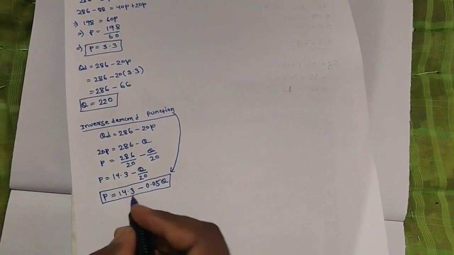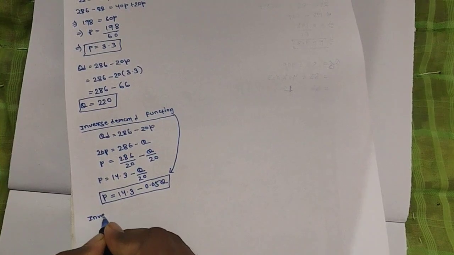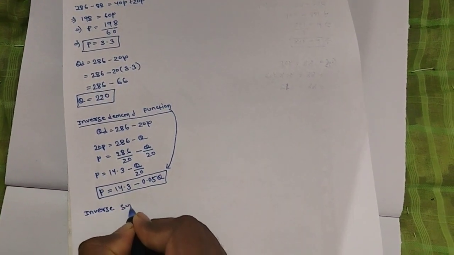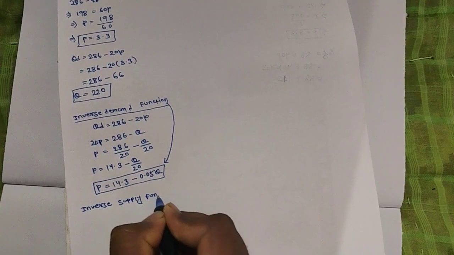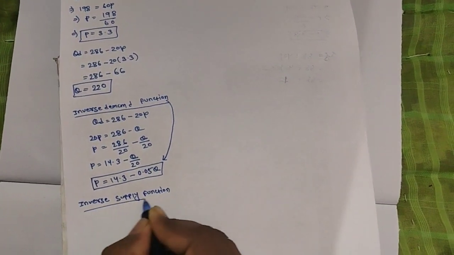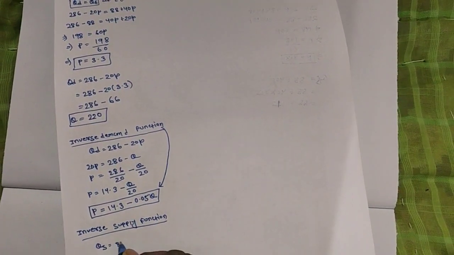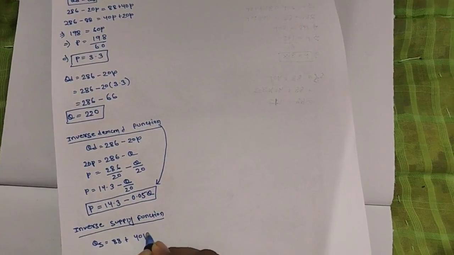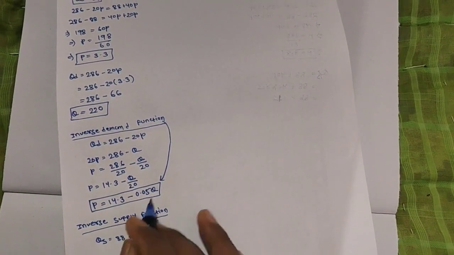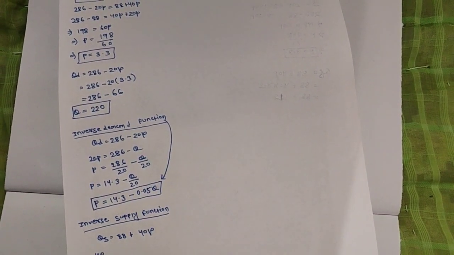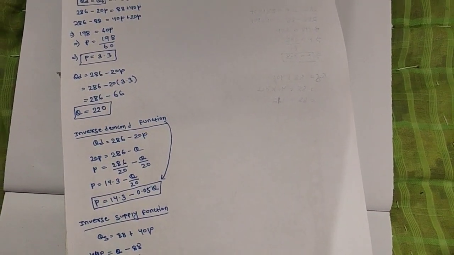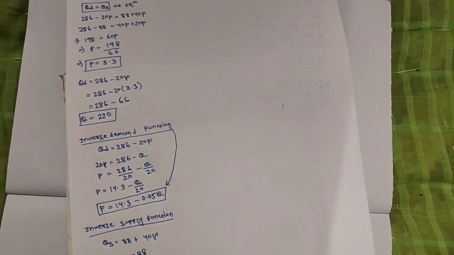Now you have to find the inverse supply function. The supply function is given as qs equal to 88 plus 40p. Now we have to take the 88 to this side, so 40p equals quantity minus 88, or minus 88 plus quantity.